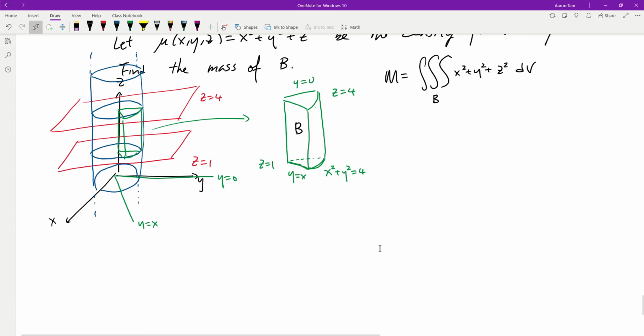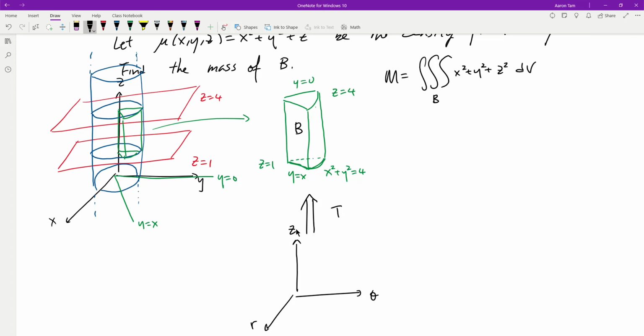So what would this region look like in r theta z? Let's find out. What we're trying to do is figure out, after transformation, what this solid should look like in the r theta z space.